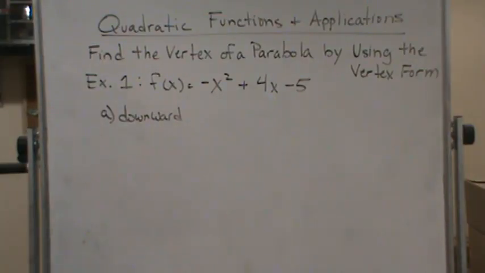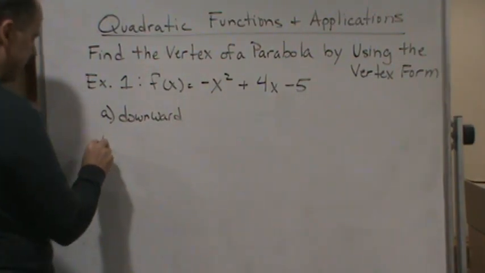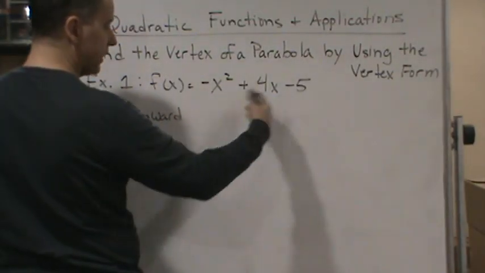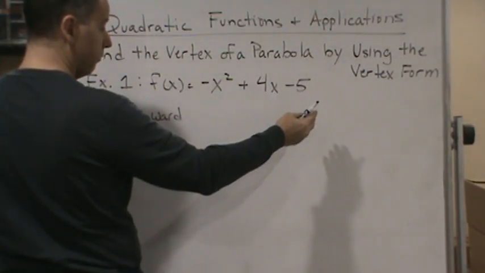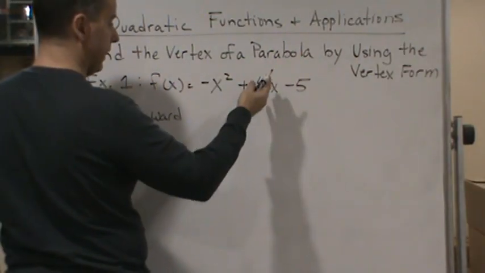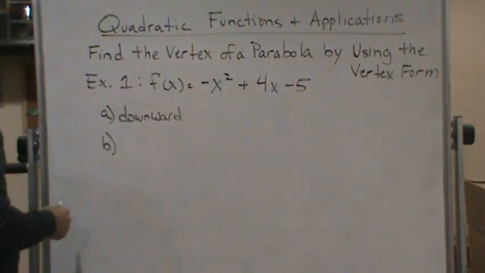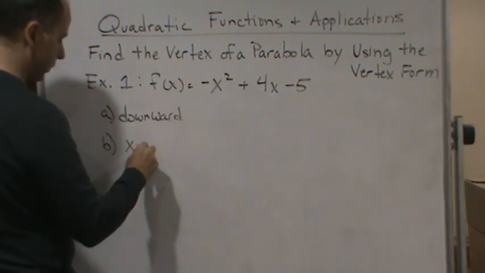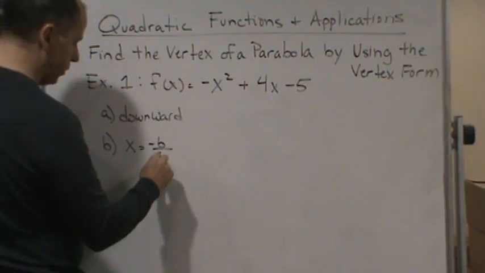Now we want to use the vertex formula to find the vertex, right? So in this case, we could put this in vertex form, but they don't want us to do that. They're saying, hey, use the vertex formula to find the vertex. So remember, x equals negative b over 2a.